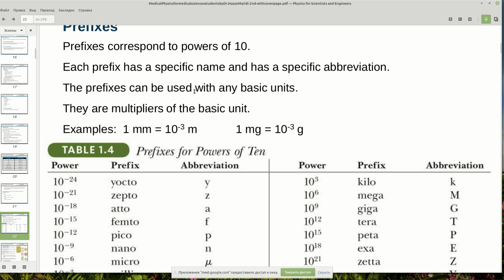Each prefix has a specific name and a specific abbreviation. The prefixes can be used with any basic units. They are multipliers of the basic unit.